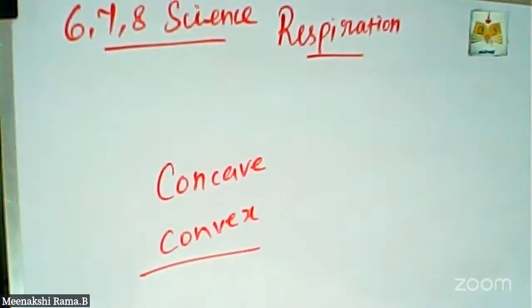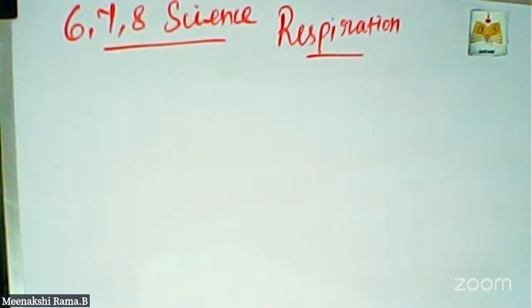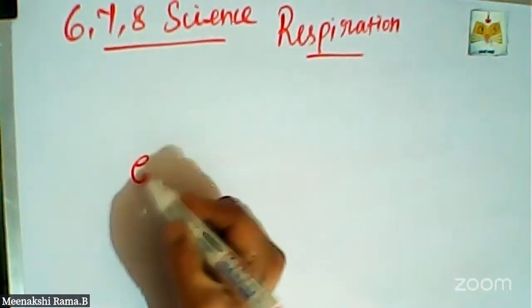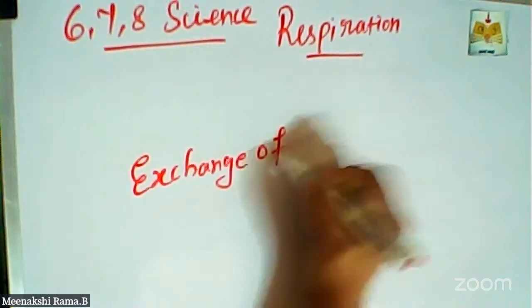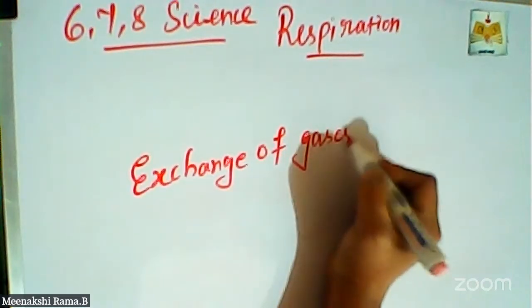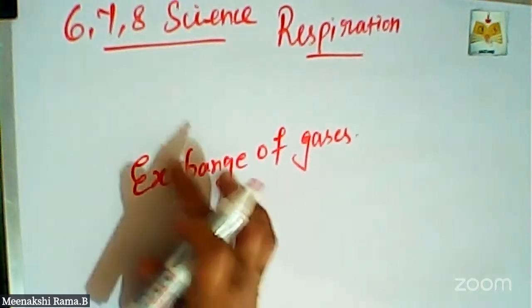Okay. So what is respiration? The process by which the organism exchanges gases like oxygen and carbon dioxide with the environment. Exchange of gases process is called respiration.